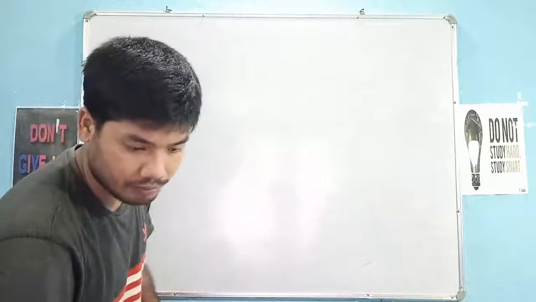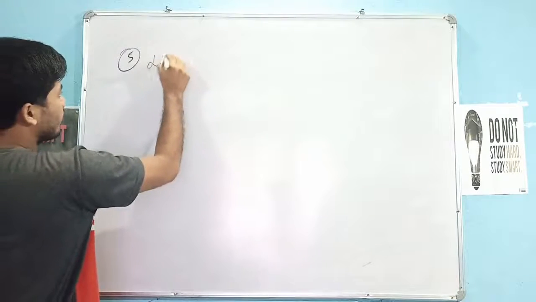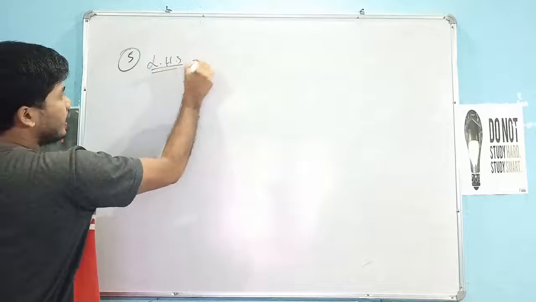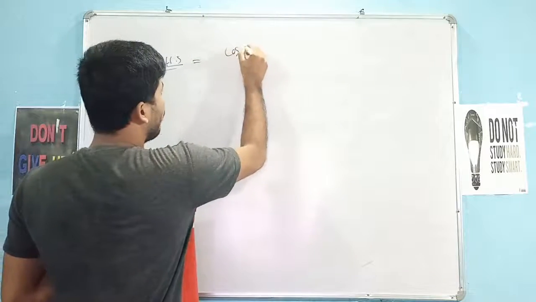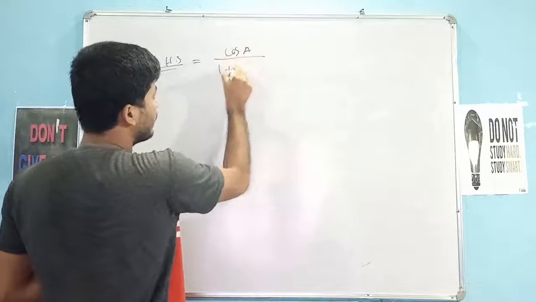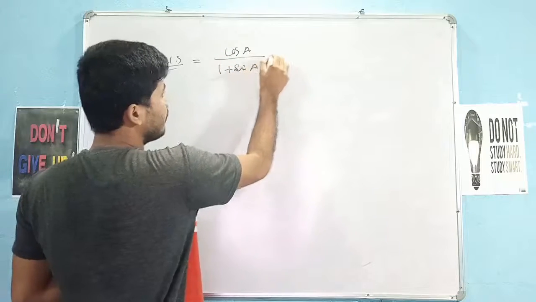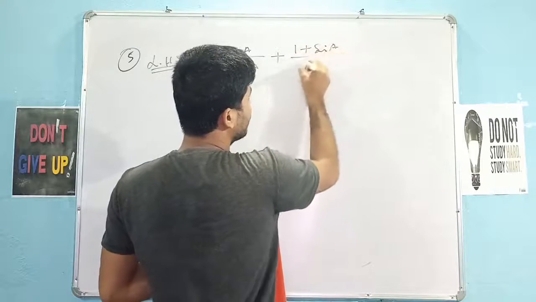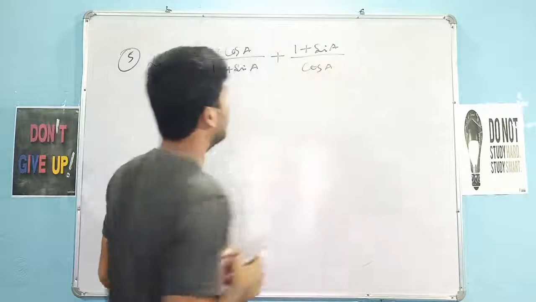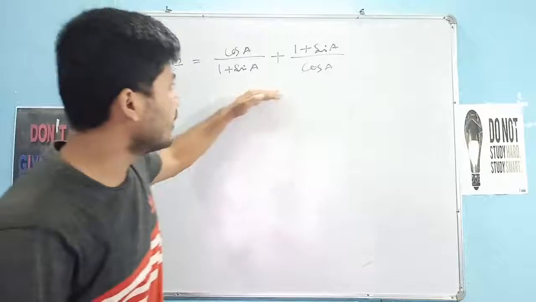Okay, I will do it alone. So the left hand side is cos A by 1 plus sin A plus 1 plus sin A by cos A, and this is our left hand side, right?